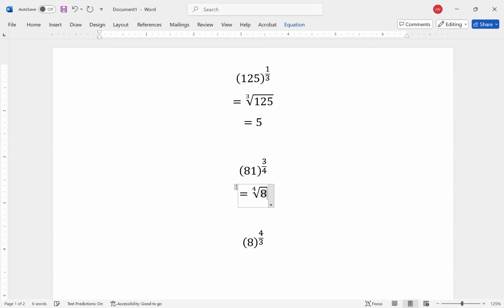And the 4th root of 81, that's the number I have to multiply times itself 4 times to get 81. That's 3. So that's 3 raised to the 3rd power, which is 27. I'll write that on a new line. So 81 to the 3/4 power is 27.